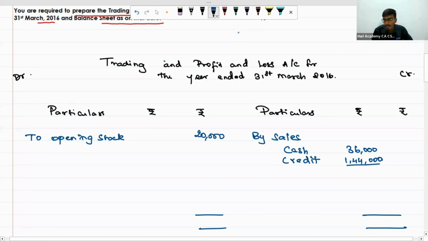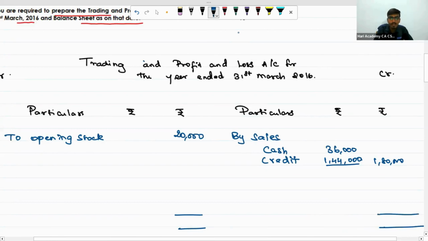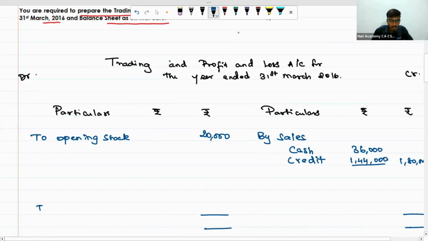Final value you will write 1,80,000. Once it has been done, we have found out the gross profit, correct? To gross profit, give the reference working note 4. The value we have found is again 36,000.